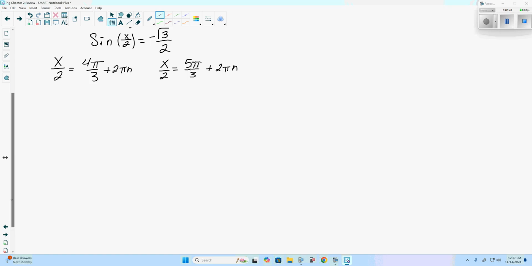I'll show both cases. Because here we don't have x by itself, what I'm going to have to do is multiply both sides by 2, which will tell me that x is equal to, and this will answer your question about leaving off the 2 pi, our 4 pi over 3 times 2 is going to be 8 pi over 3 plus 4 pi n.